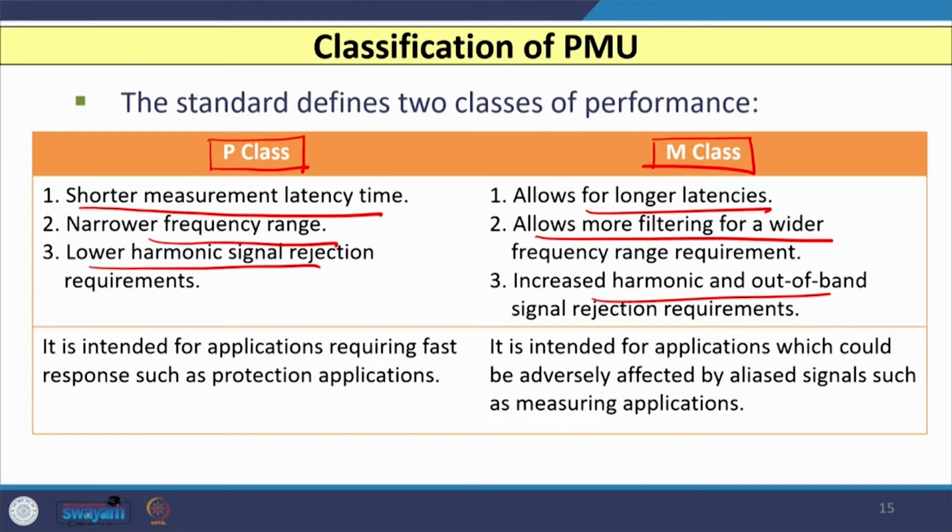Because of these three important points, the P class PMU is used for fast response, particularly in protection applications, whereas the response of M class PMU is slow because of the higher latencies and the more filtering for a wider frequency range requirement, so this type of PMU is used normally for measuring applications. This is the main difference between the P class PMU and the M class PMU.